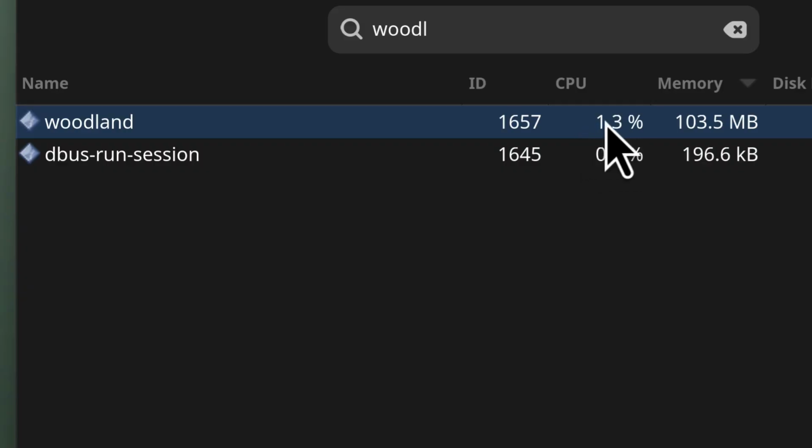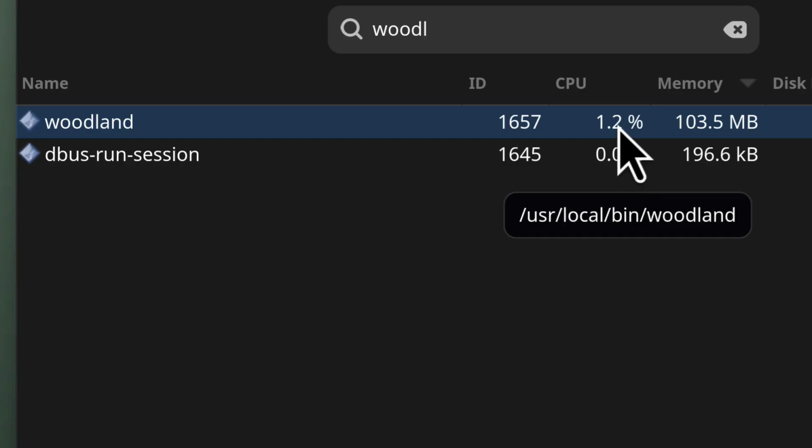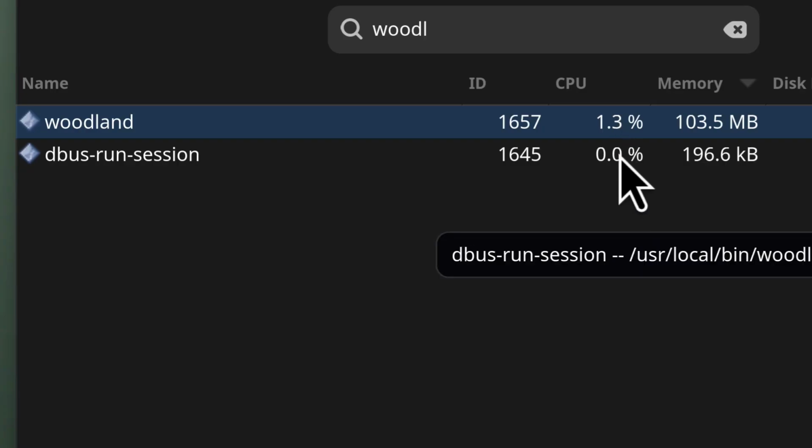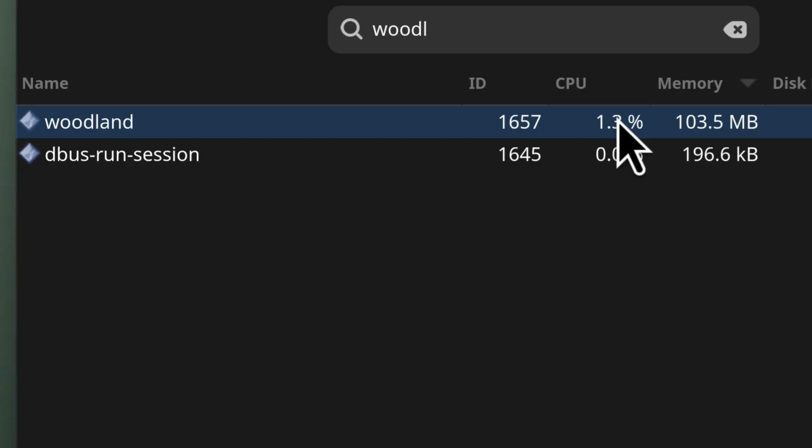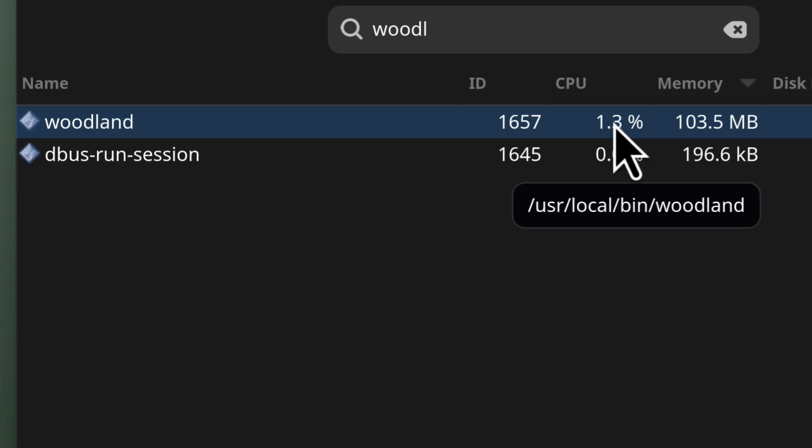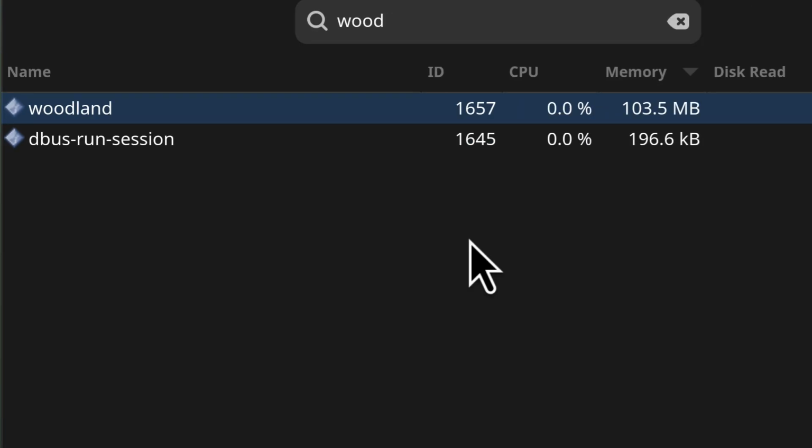As we can see, it uses a bit over 1% of CPU, but this is because we have some mouse movement. If we stop moving the mouse, it should be 0.0. Okay, you can see 0.0.